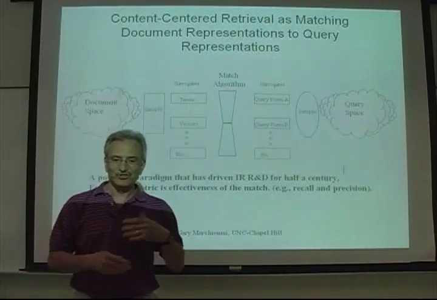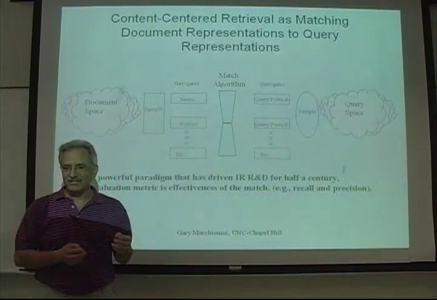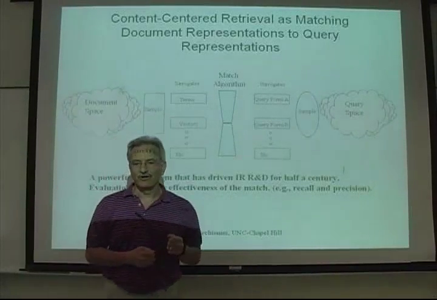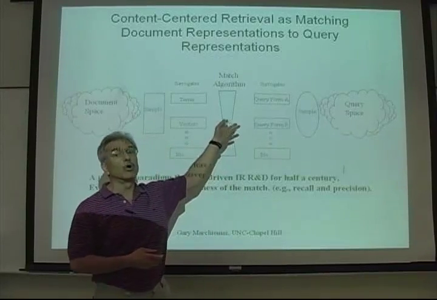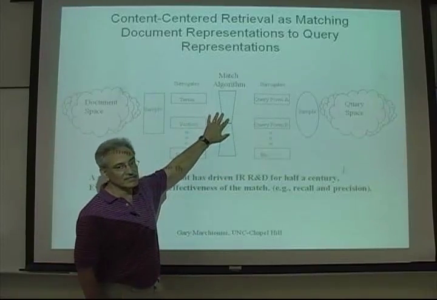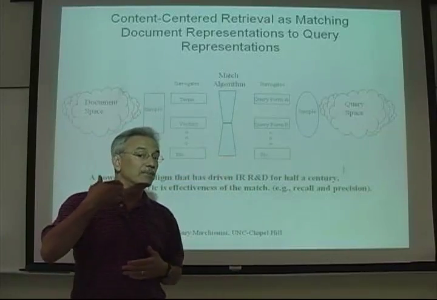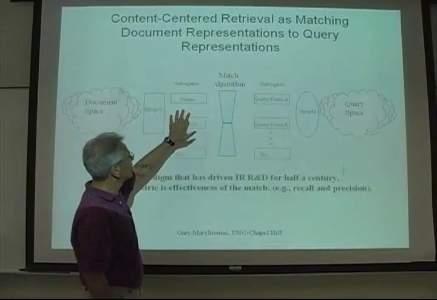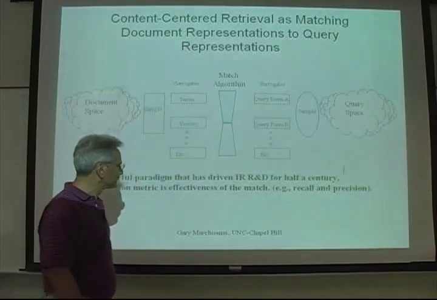This is the usual secret sauce of the search engines today, and they are quite guarded about how they actually do the matching or the ranking. Enormous amounts of work go into this, and there's literally billions of dollars at stake in coming up with better matching algorithms. So we have the representation problem on both sides, and we have the matching problem.